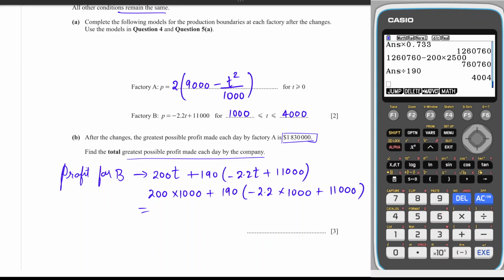So that gives us, let's see, 200 into 1000 plus 190 into negative 2.2 into 1000 plus 11,000. That gives you 11872.